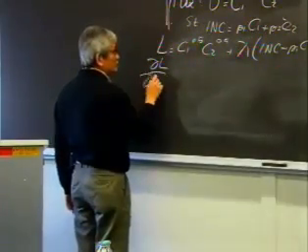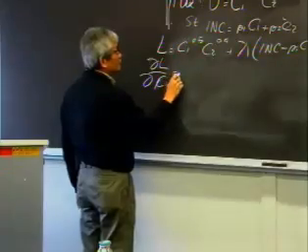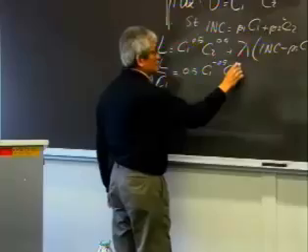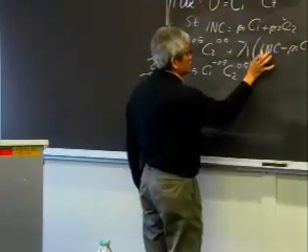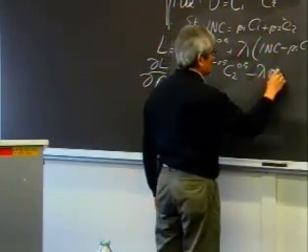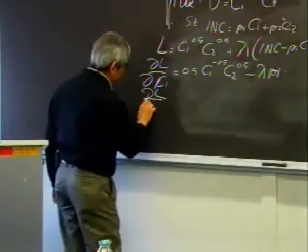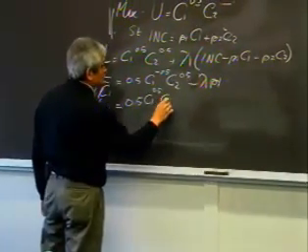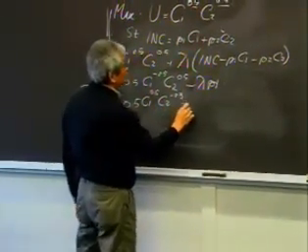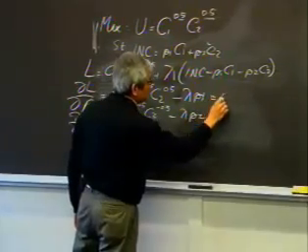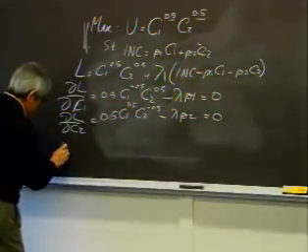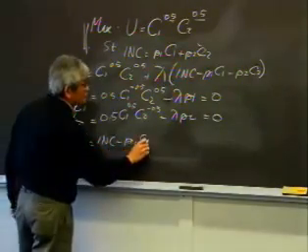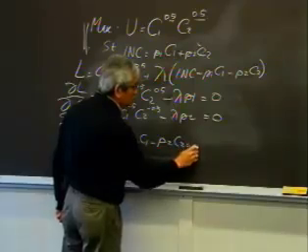So what's the C1 here? 0.5 C1 to the power of negative 0.5 C2 to the power of 0.5 minus lambda P1, right? dL over dC2 is 0.5 C1 to the power of 0.5 C2 to the power of negative 0.5 minus lambda P2, and this has to be equal to 0, right? And then the last one is lambda times INC minus P1 C1 minus P2 C2 equals 0, right?